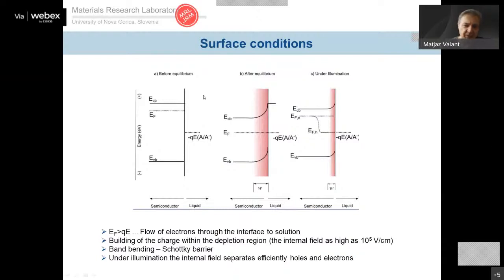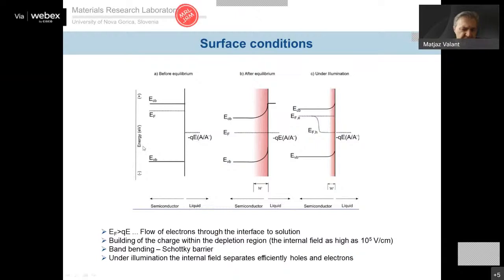Now I'm showing you this scheme here. I will explain. Let's start with scheme A. On the left-hand side we have a typical donor-doped semiconductor. We see the valence band level, the conduction band level, and the Fermi level. The vertical line is the interface with the liquid that surrounds the particle. The liquid has some chemical potential, and you see the line that corresponds to it.